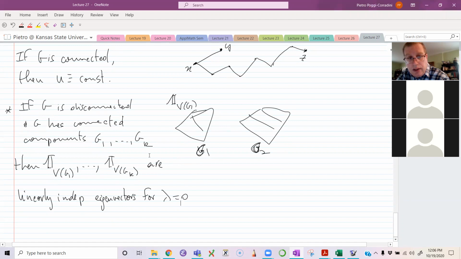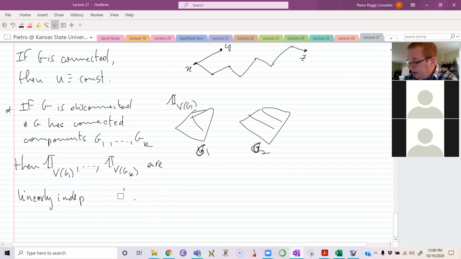So they are in the kernel of B, of the gradient. Oh, sorry, I jumped. B is not square, so it doesn't have eigenvectors.